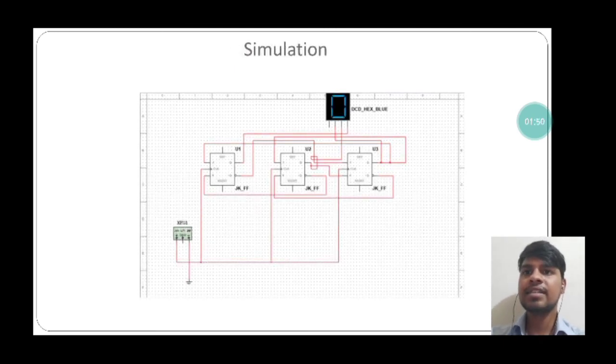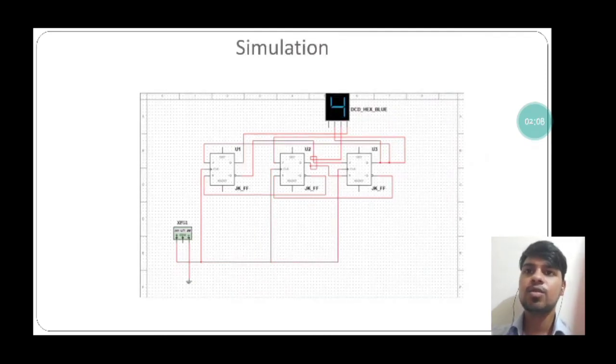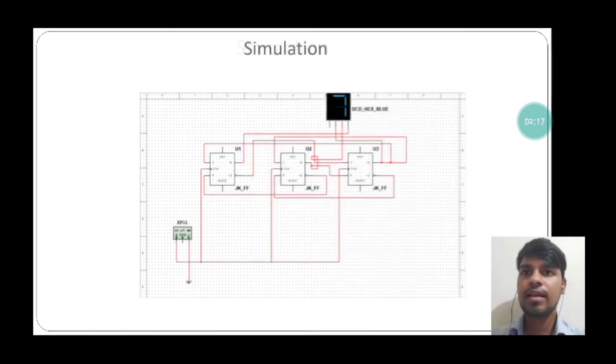After that, as our present state was 1 and our next state has to be 0, and I get also 0, our logic is correct. After that we have to get 4 after 0, and we get also 4, and at last we are back to the first state, so our simulation is correct and accurate and our logic is established.